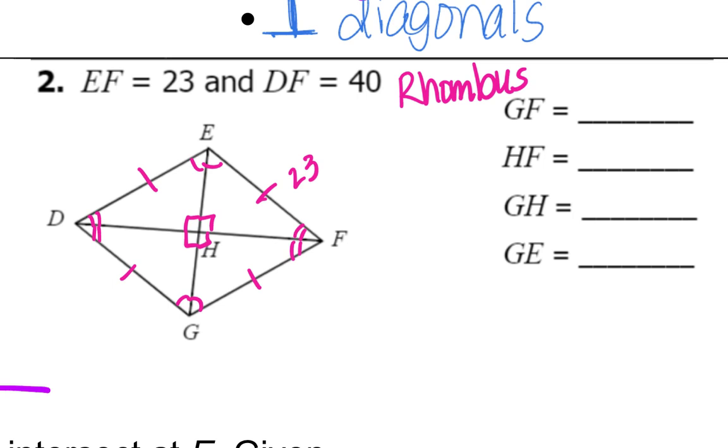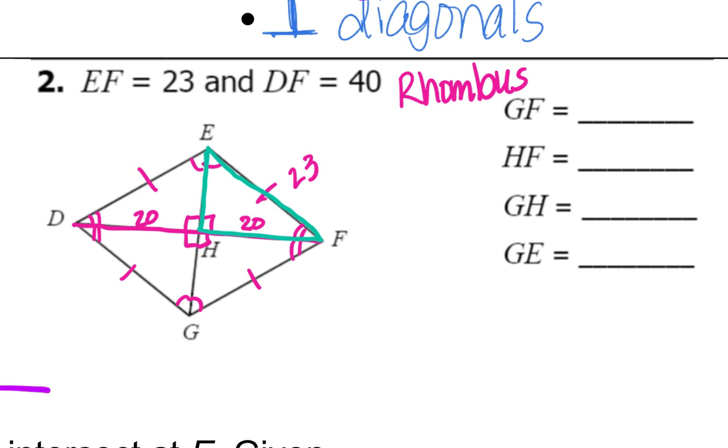It says that DF is 40. Well, if DF is 40, then that makes this piece 20 and this piece 20. And again, I can do Pythagorean theorem with just one of your triangles because you know two sides and find the piece, right?